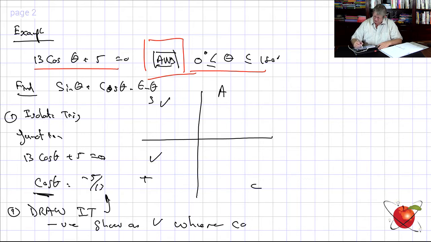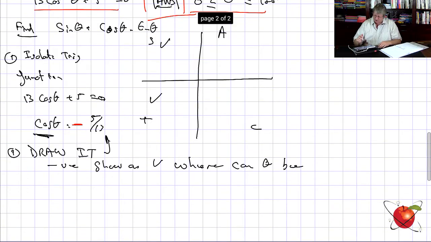Where can theta be? In other words, where is theta negative? Okay, I'm going to highlight the sign over here. I'm going to just put it in red. Right? So negative means it can be here or there, correct? Because down here it's going to be positive there and cos is positive there. So we found that, now we take the second piece of information.